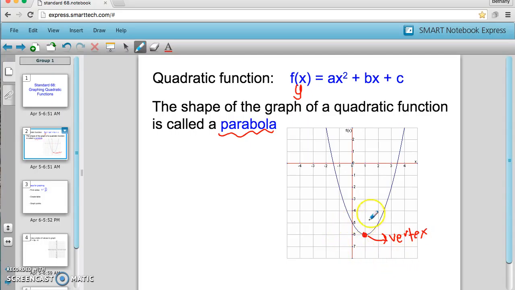Okay, and then there's a line that goes through my vertex. This line that goes all the way up through here is called my axis of symmetry.